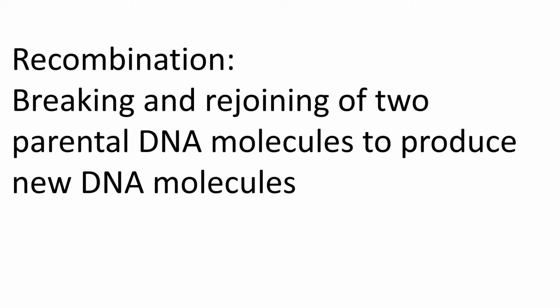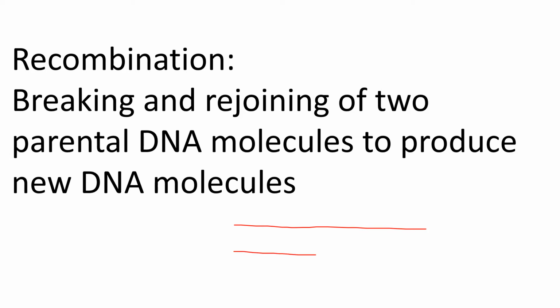But before we go into detail of recombination, let me tell you the definition of recombination. What is it? It is nothing but the breaking and rejoining of two parental DNA molecules to produce new DNA molecules. It means that it is based on the breaking of DNA molecules.